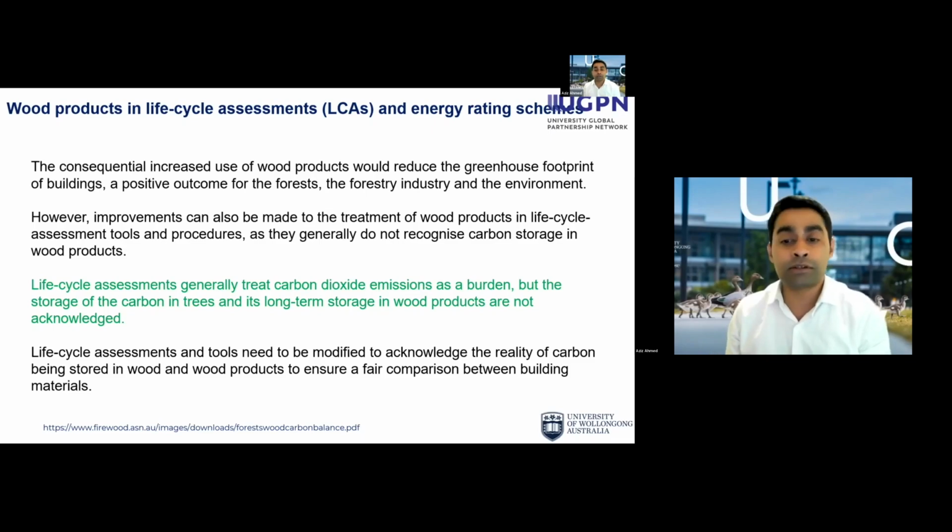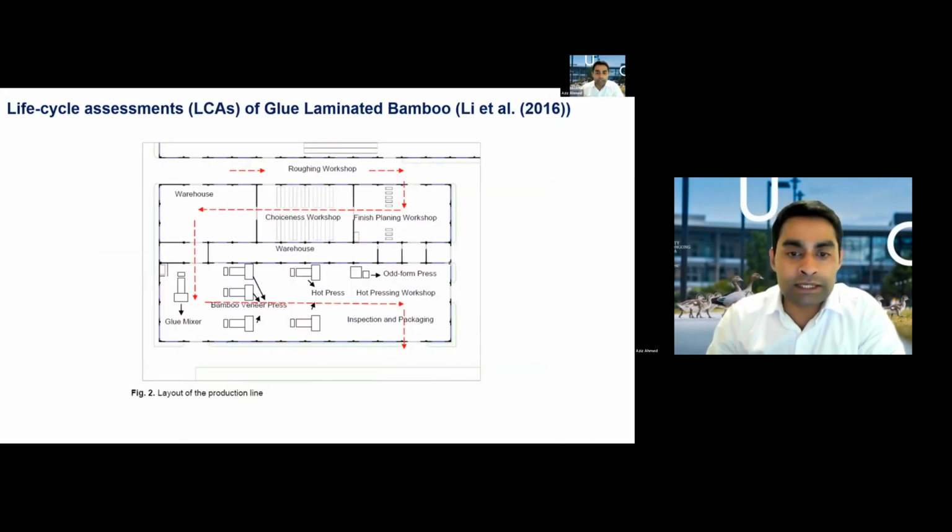In a hardwood species you would store it for 50 years too, but you can actually get 5 times or 10 times more houses with carbon stored in them from the same amount of land, because hardwood would take 50 years to store that equivalent amount of carbon dioxide. So we need to highlight that component.